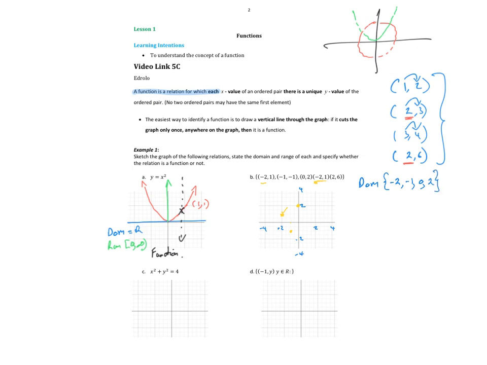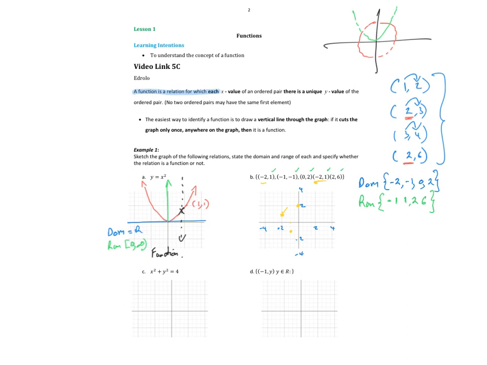The range, I'll use my colour scheme, and try to go in order: -1, 1, 2, and 6. Is that right? 1, 2, 3, 2 1s there. Yep. Okay, so there's our domain and range.